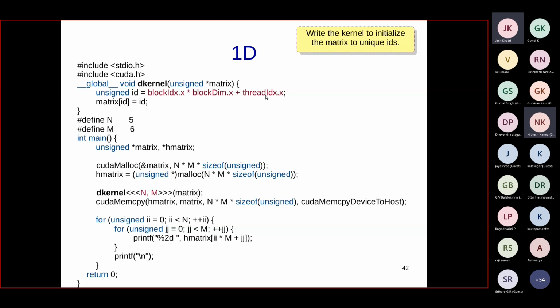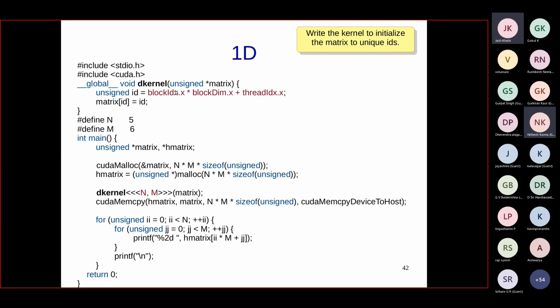So threadIdx.x, please note it, for each block will go from 0 to 5 because there are 6 threads, and blockIdx.x will go from 0 to 4 because there are 5 blocks.